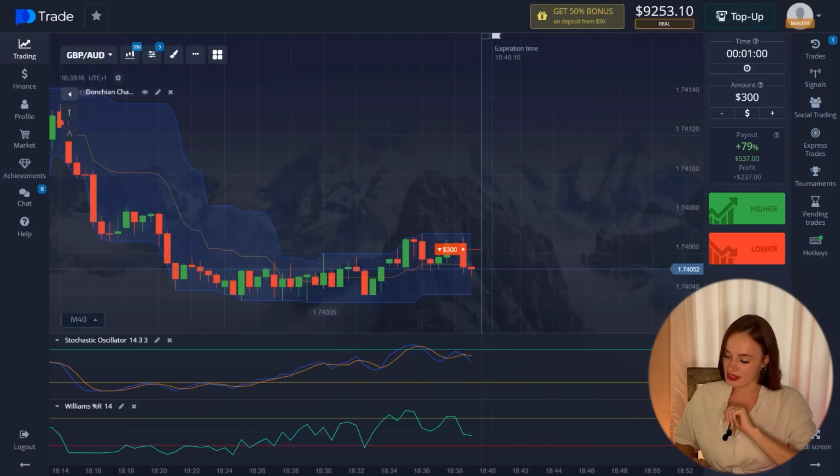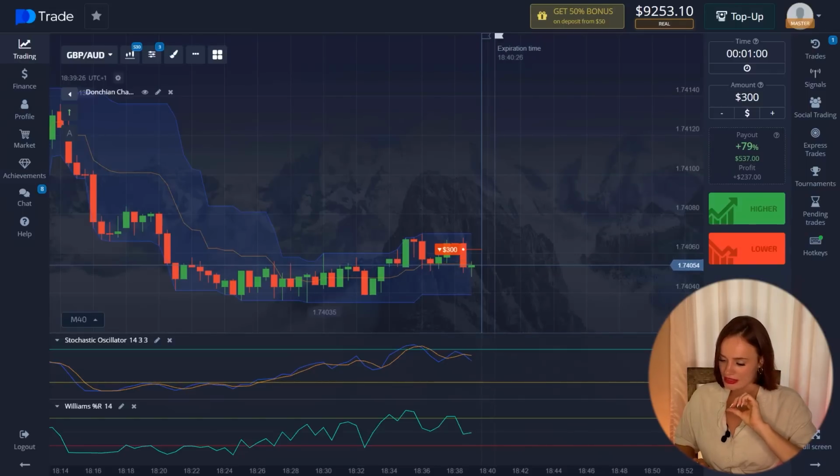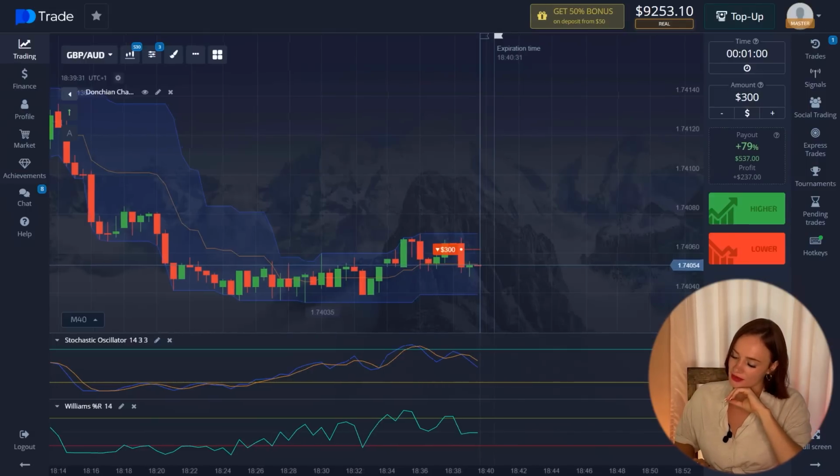And this is happening. The price makes a rebound, rises to the middle line of the Donchian indicator, and is fixed there. A short-term flat begins, and at this point the candle expires for 30 seconds.